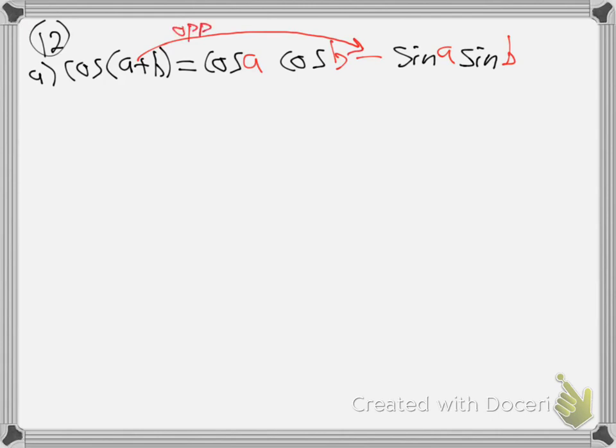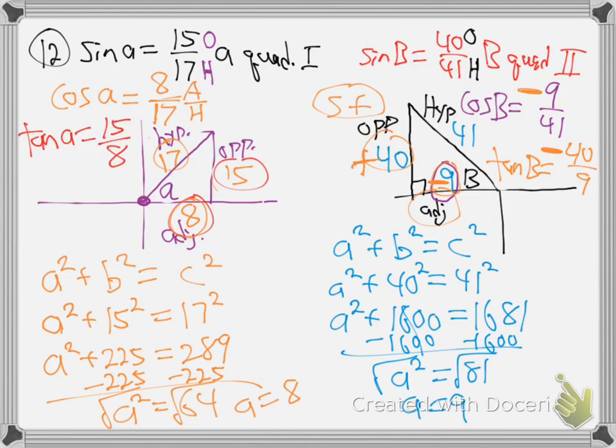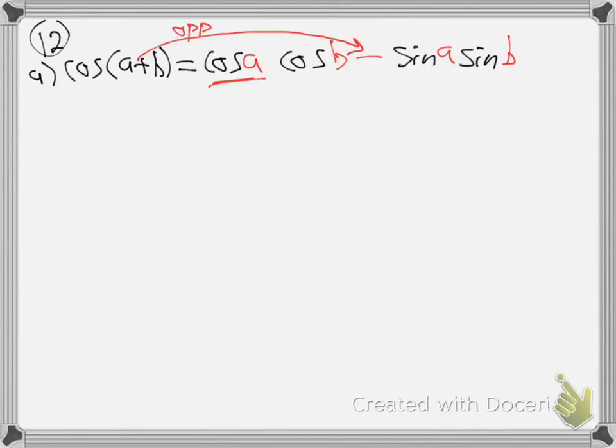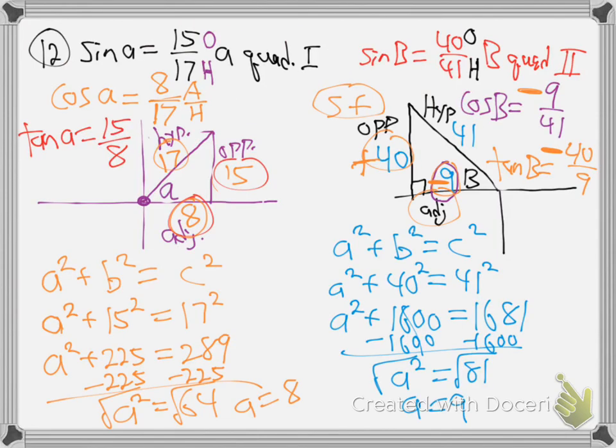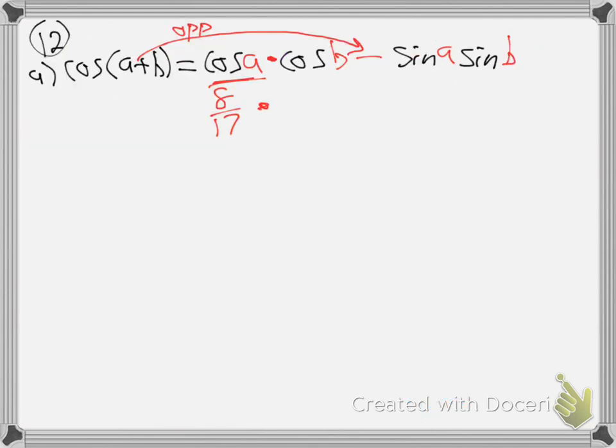So now those are 4 pieces. We just go grab them. So first off, cosine of angle A. That's 8 over 17. Times. There's no symbol between them, so that means times. Cosine of B, which is negative 9 over 41. Minus, remember there's the minus right in the formula.